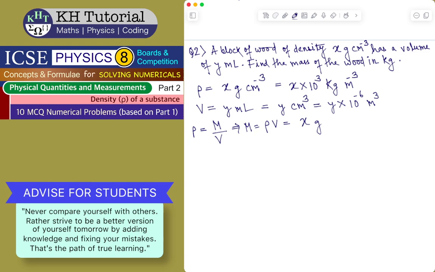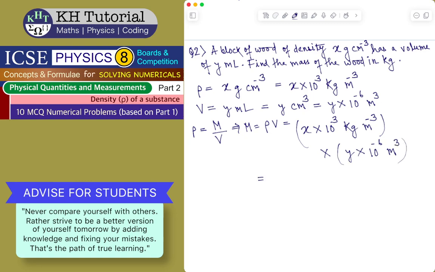Now if I apply the formula, I will directly get the mass in SI unit, that is kilogram. So mass is density into volume. Density in SI unit is x multiplied by 10 to the power 3 kilogram per meter cube, multiplied by volume, which we got as y multiplied by 10 to the power minus 6 meter cube.